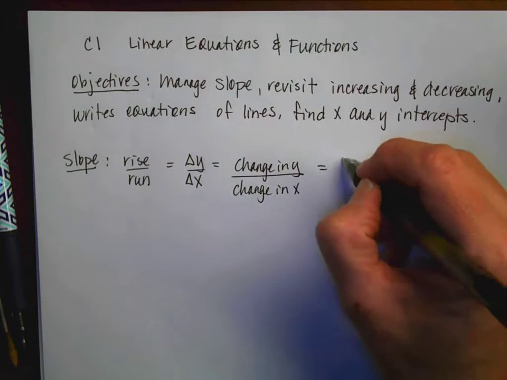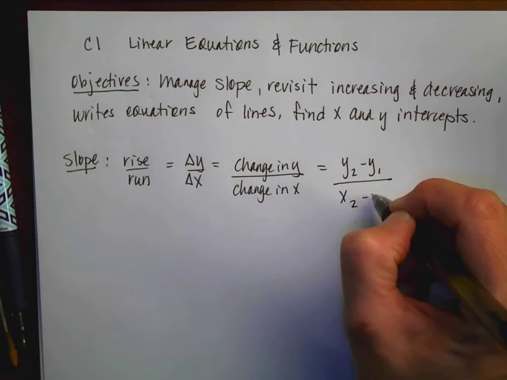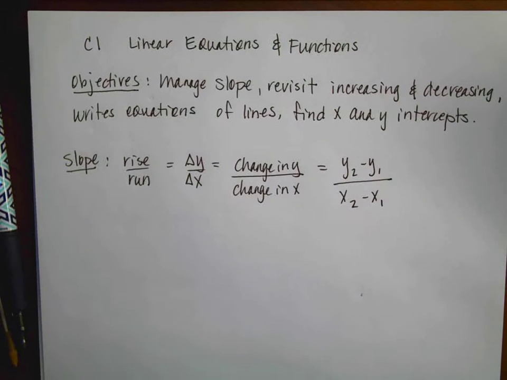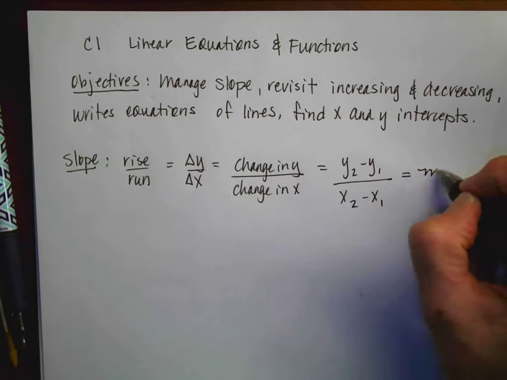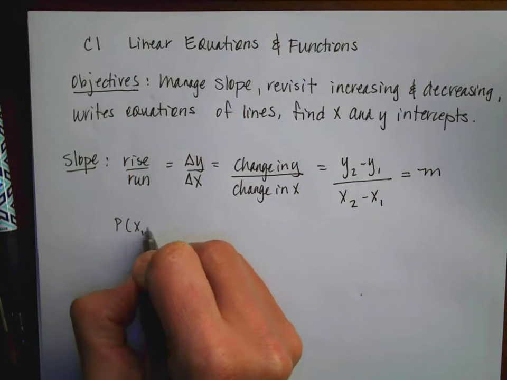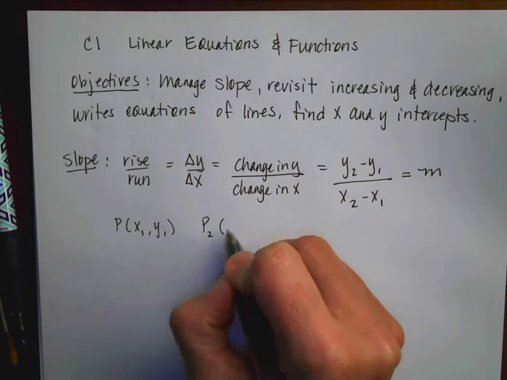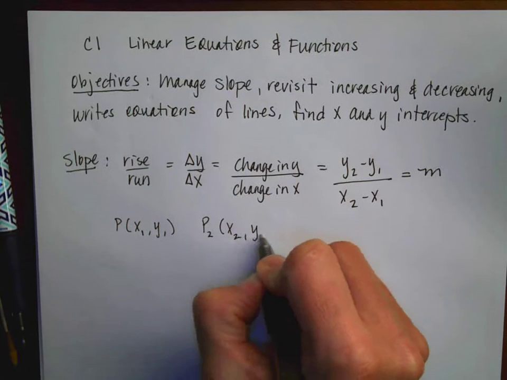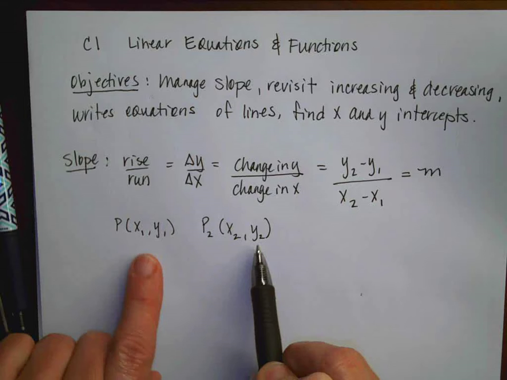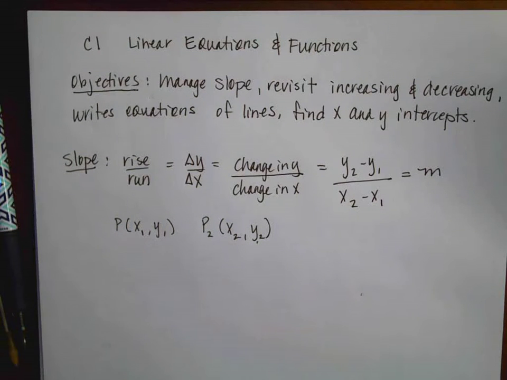And if we do the math, it means y2 minus y1 over x2 minus x1, and this is going to equal the slope. If I have a point, I have x1 and y1, and if I have a second point, I would call it x2 and y2.